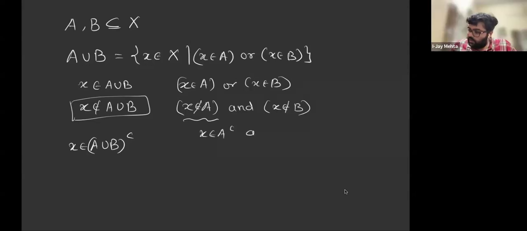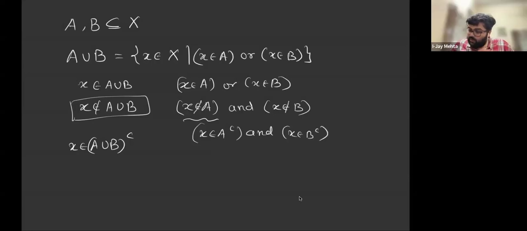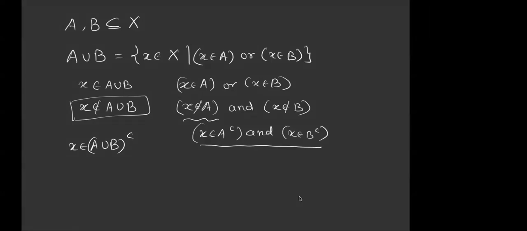Yes, A complement. And X is not in B, that means what? Then X belongs to B complement. And if X belongs to A complement and X belongs to B complement, then what can we say? Then X belongs to A union B complement.